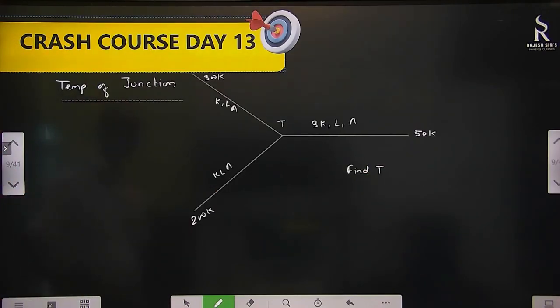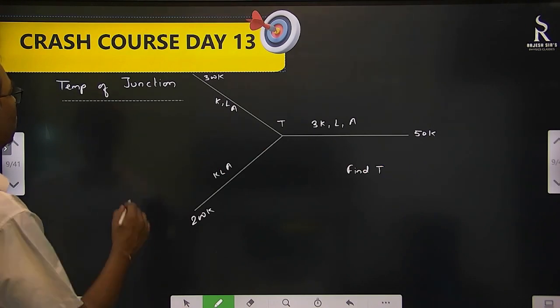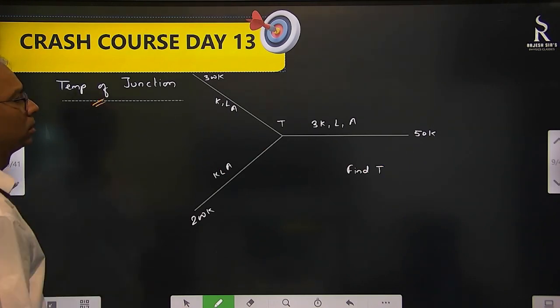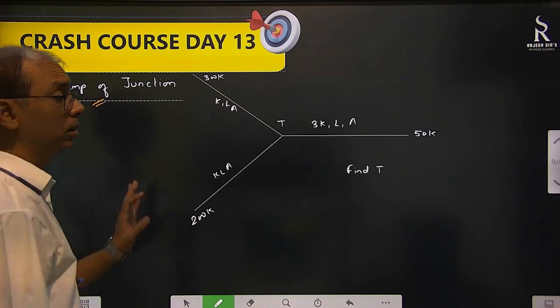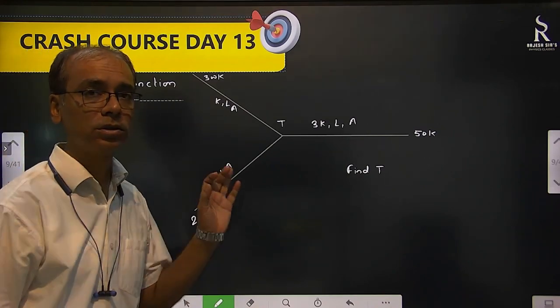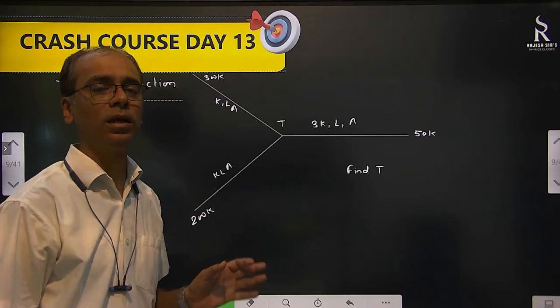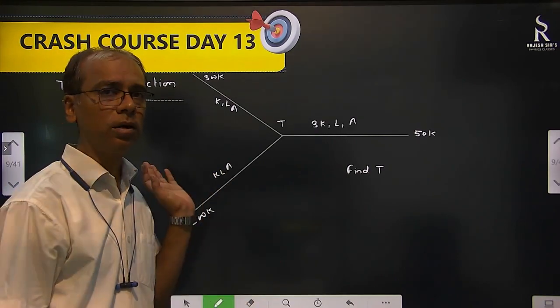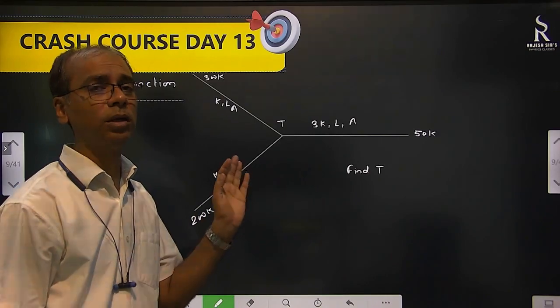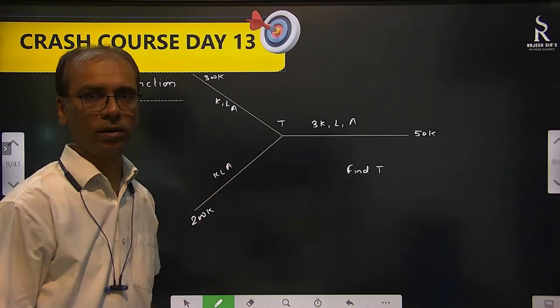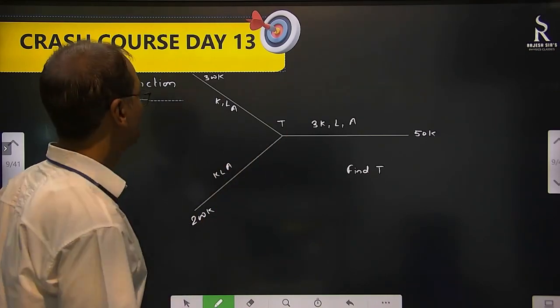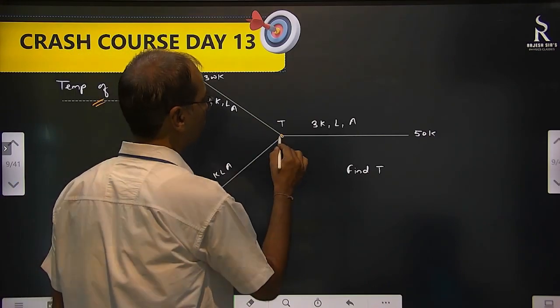Now we are going to see how to find the temperature of a junction. Go back again to current electricity. There was the junction law of Kirchhoff. What it says is, at any junction, the current coming towards it will be equal to the current going out of it. Here the junction is given, and its temperature we have to find.